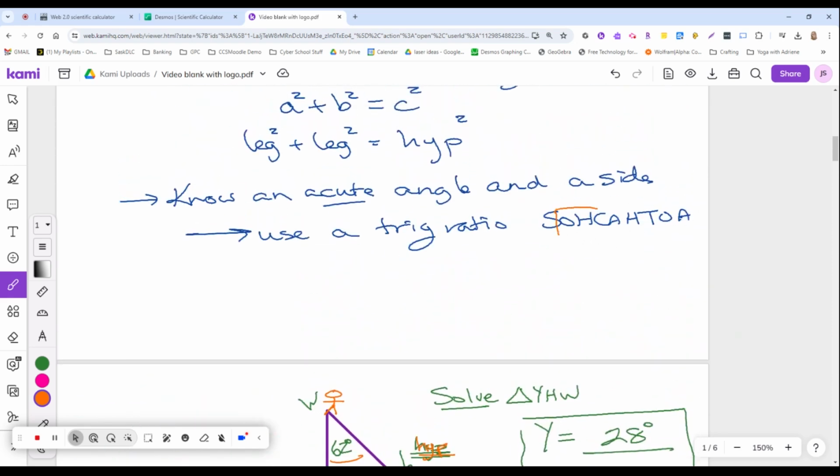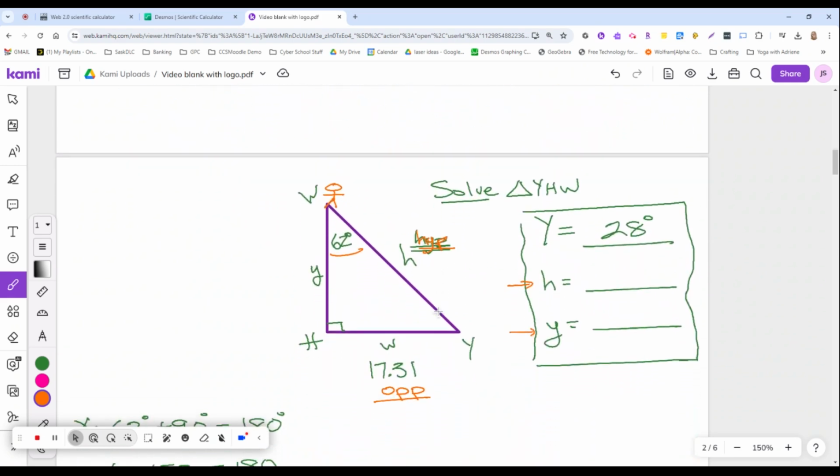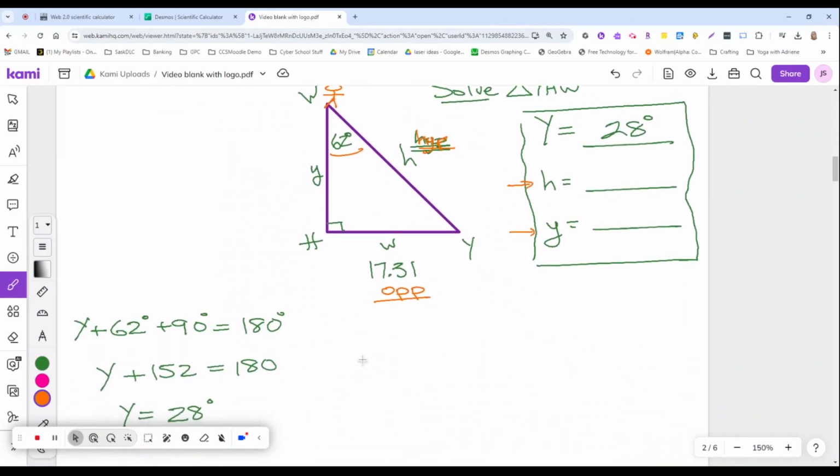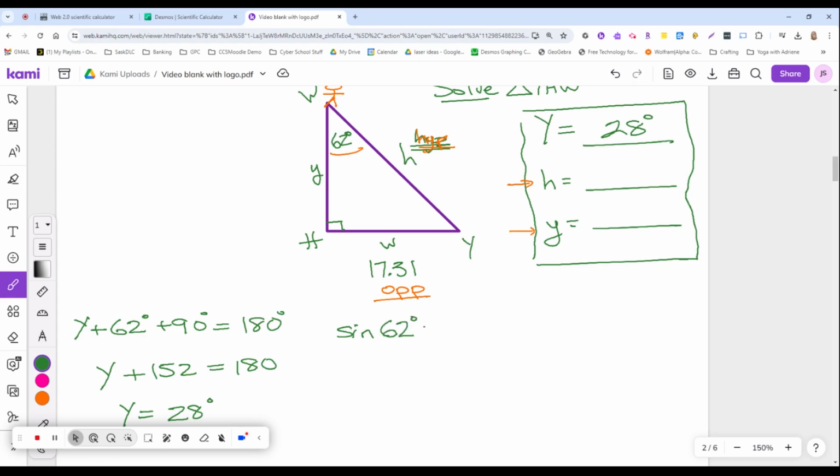So we're going to use sine to find side H. Now we know sine has to have an angle after it. The angle we're working with is angle W, but we know its measure. We can go ahead and say sine of 62 degrees equals the opposite side, 17.31, over the hypotenuse we're looking for. There's the formula we have to solve.